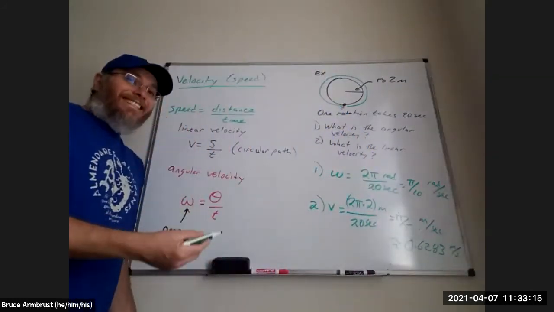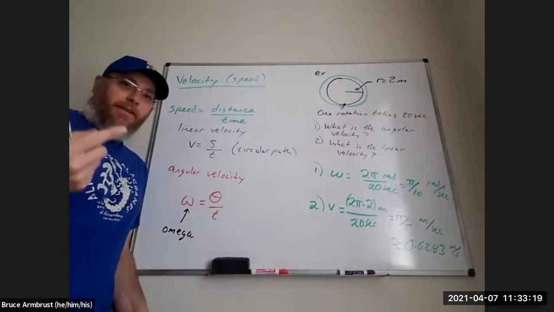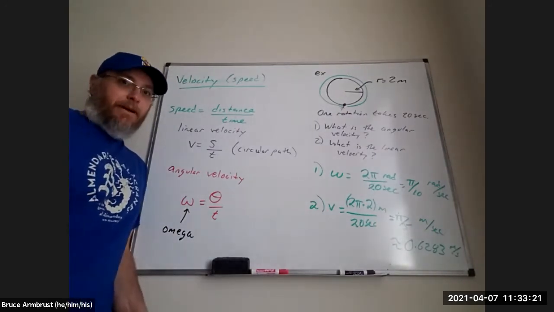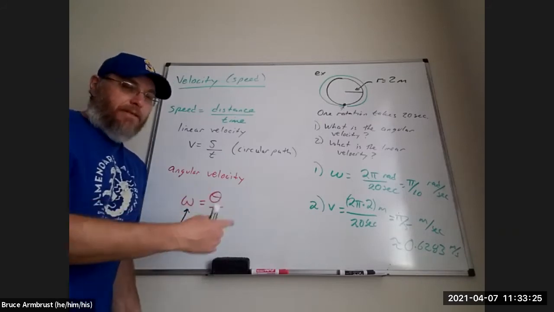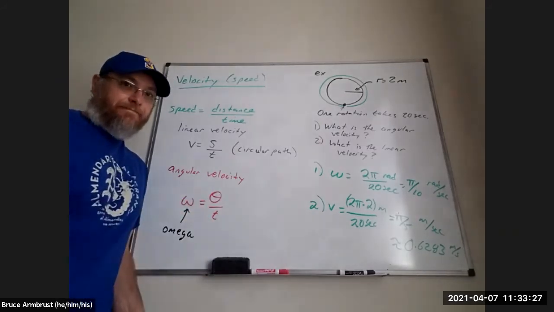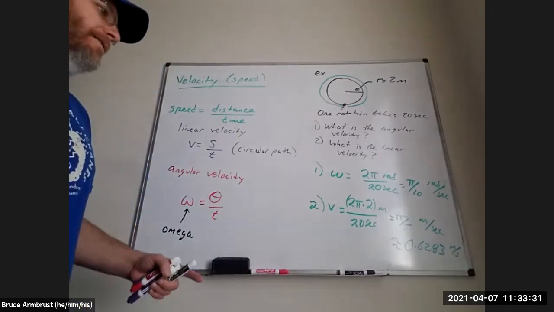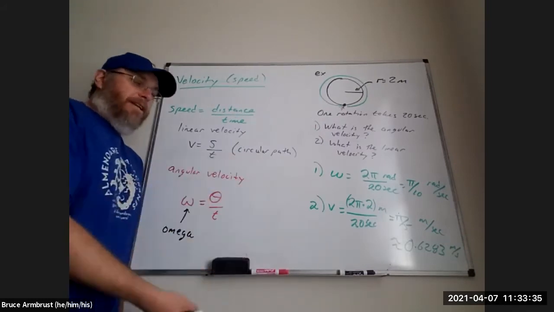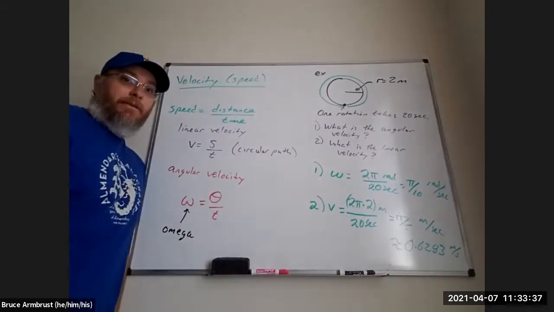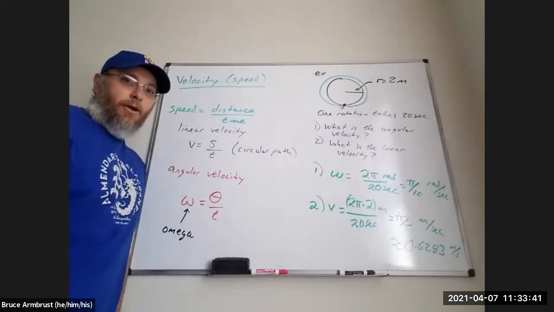Okay, so that's a linear velocity. And that's what you think, like when you think speed, miles per hour, that's a linear velocity. So that's how fast that person is traveling. Okay, so that's the difference between angular velocity and linear velocity. It's just one is you're looking at angle over time. And the other one is you're looking at distance over time.